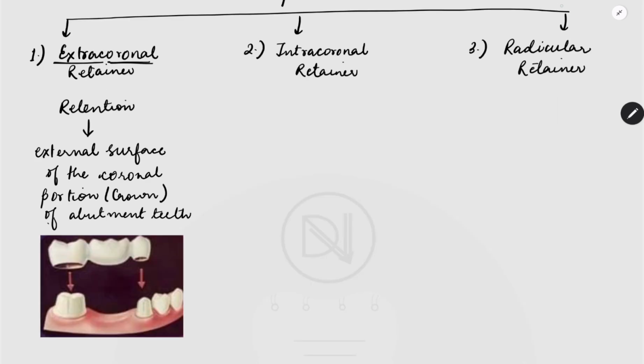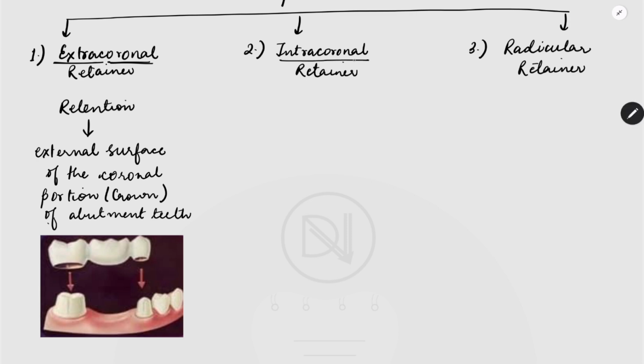In this image you can see this is the external surface of the crown of the abutment teeth, and retention is achieved from this surface of the tooth. So if retention is achieved from this external surface, then it is called your extracoronal retainer.